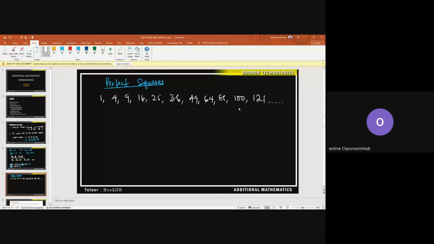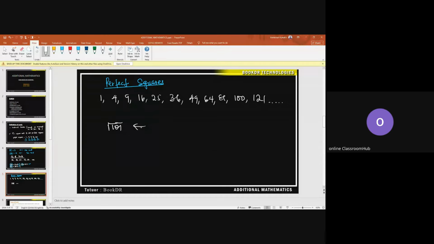So apart from these numbers that we have listed, the square root of any other number is a surd. For example, the square root of 101 will become a surd.